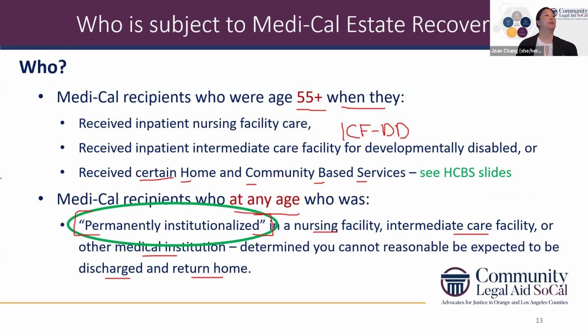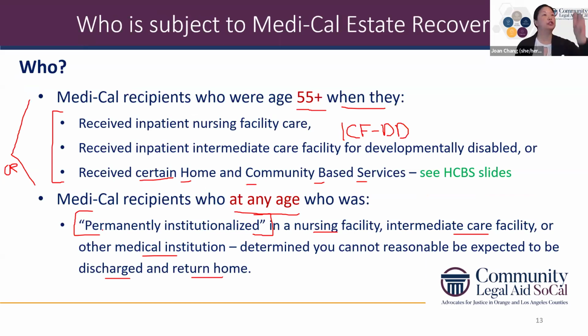So we're talking about these being either-ors. You can be 55 and older and receive one of these, or at any age, if you're considered permanently institutionalized, Medi-Cal can go after and try to recoup those costs.